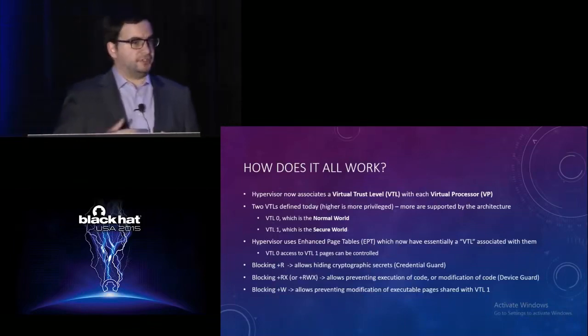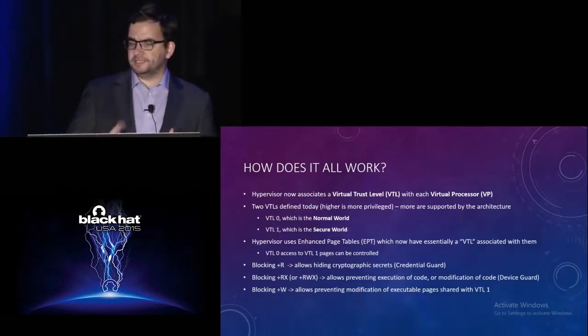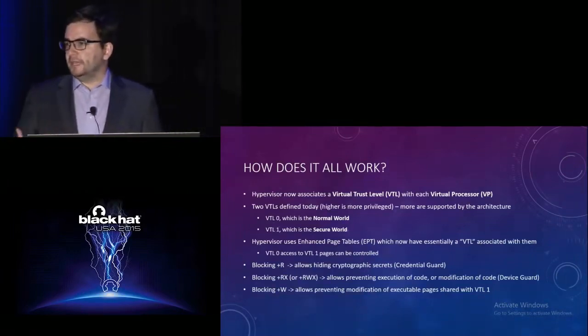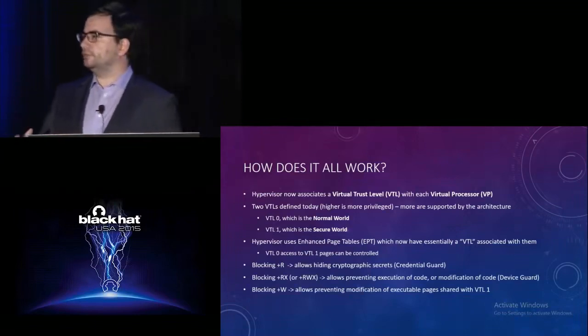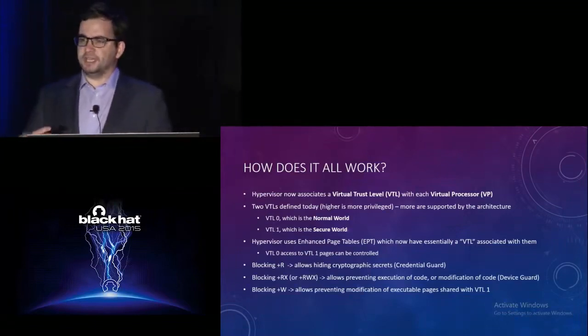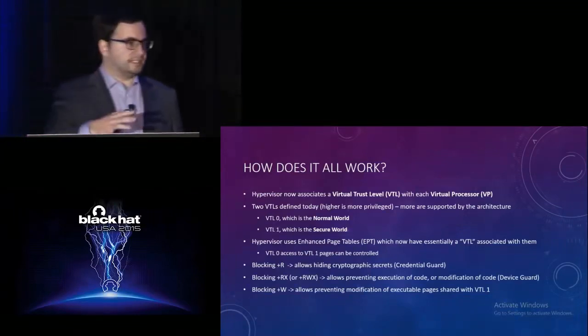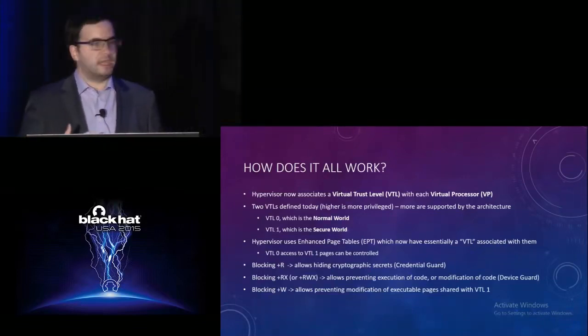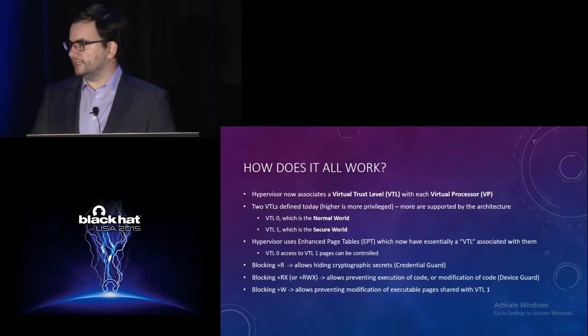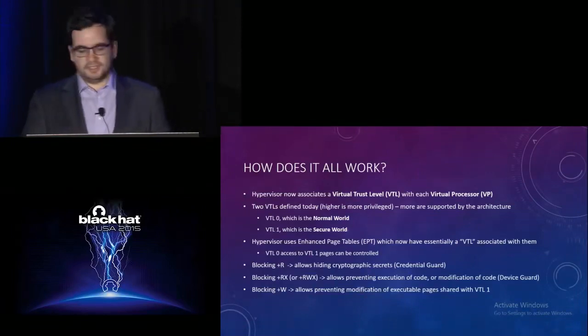And you're probably familiar with page table entries, where the OS defines that this virtual address is readable or writable and points to this physical address. But with a hypervisor, even though the OS thinks that a page exists and is executable, for example, the hypervisor can say, well, actually, no, it doesn't exist, or yes, it exists, but it's not executable. So the hypervisor can basically provide its own additional layer of translation that overrides what the OS thinks.